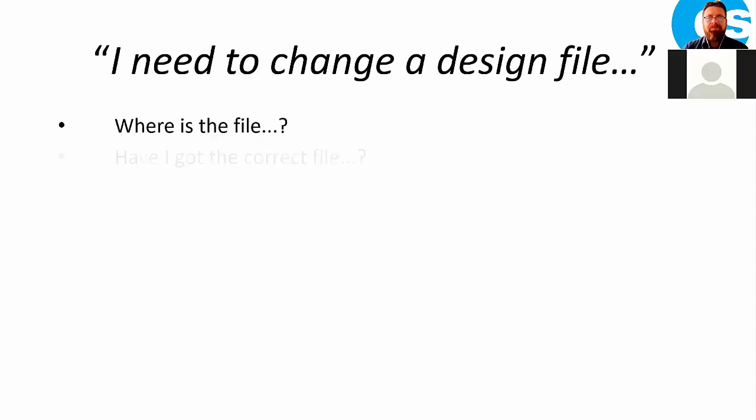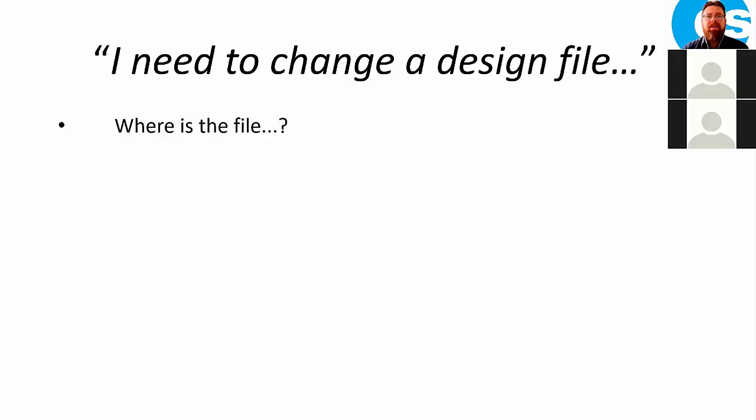So first of all, where is the file? We have a number of methods of finding a file within Windows Explorer, none of which are ideal. We obviously search on a file name, so we've got to have a very carefully constructed file name. We can also search on date created and also the size of the file.